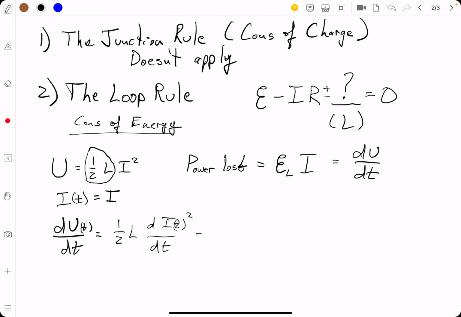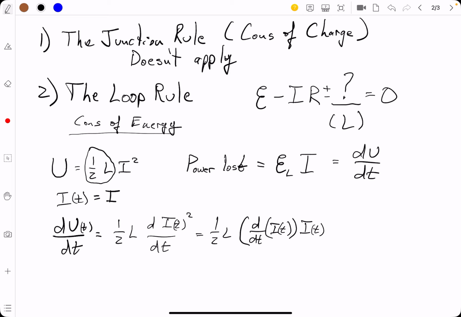And so that is going to equal our 1/2 L. And then we're going to do the derivative of the first I of t and multiply by the second.